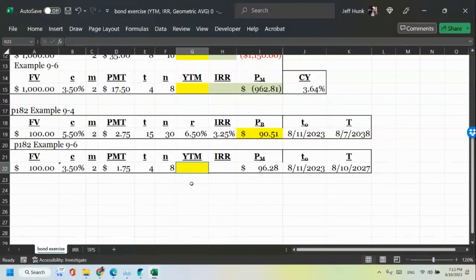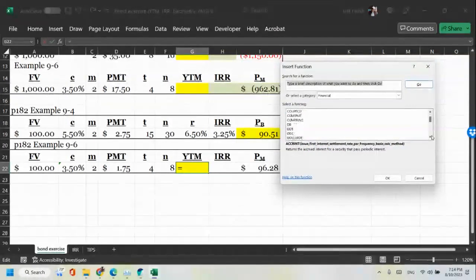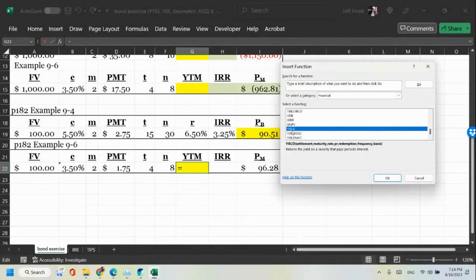So here, I'm going to use a bond that has a 3.5% coupon rate. Of course, the coupon payment will be $17.50, but just expressed in percentage. So go to function, and if you're in the financial category already, we scroll down until we find yield. So here's yield.